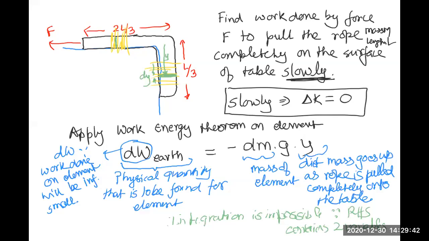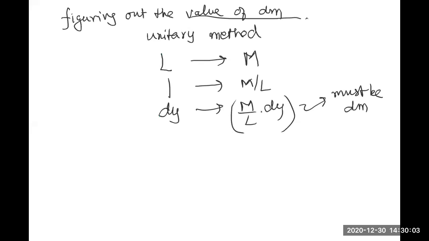I hope you can see RHS contains two variables, dm and y. Y is a variable which you have introduced. You cannot integrate y with respect to dm, not possible. So you need to convert dm into dy, which is what I'm doing here. So this must be dm.